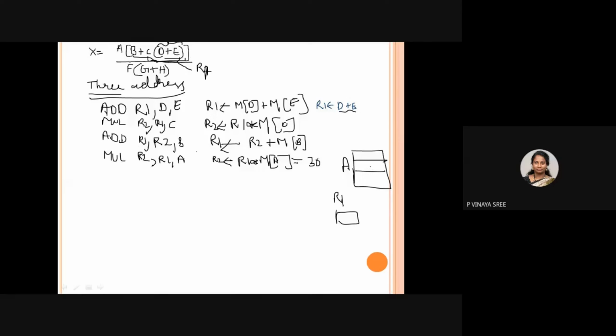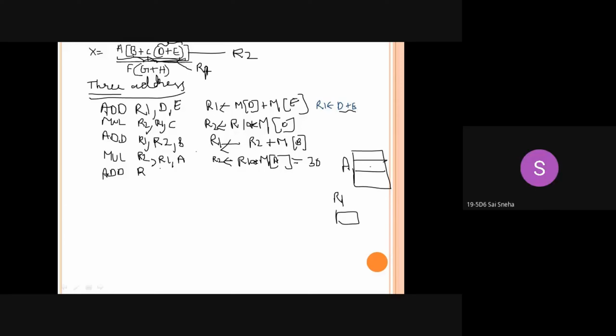Now this entire numerator result is present in which register, R1 or R2? R2. Next step: Add, yes, we are performing add, because the parenthesis has the highest precedence. Which register do I have to take?